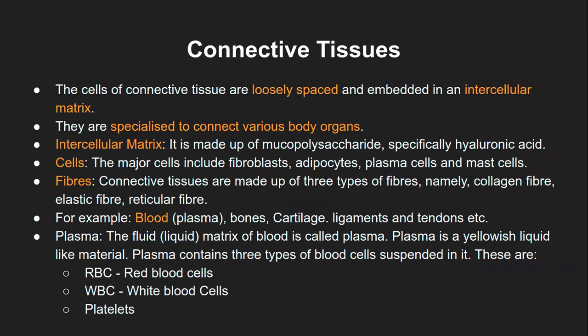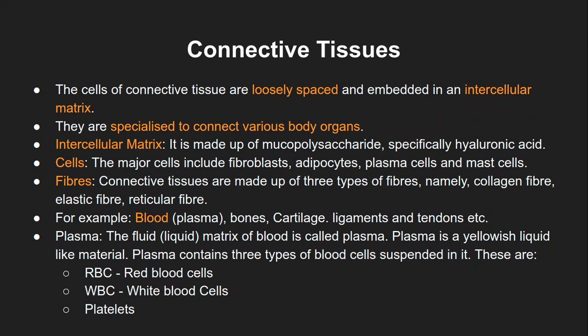Okay, so then the next type of the animal tissue is the connective tissue. Now, the most important feature of connective tissue is that the cells are loosely spaced. That means there is a certain gap within these cells, and this gap is filled by the intercellular matrix.